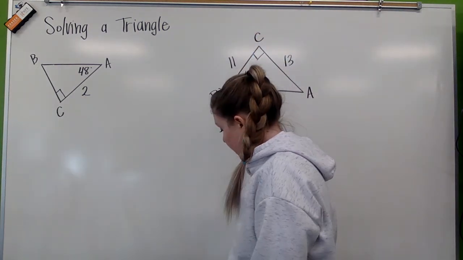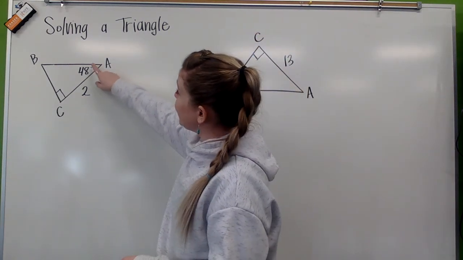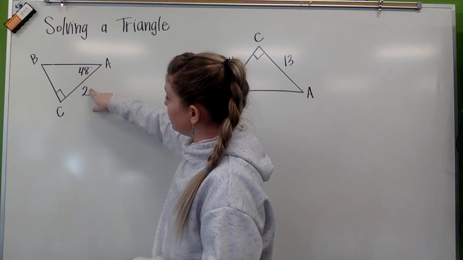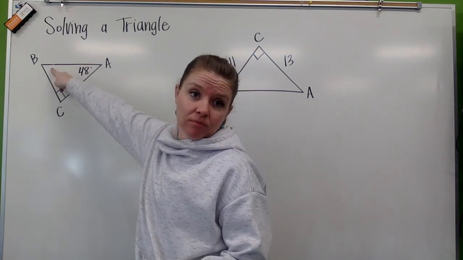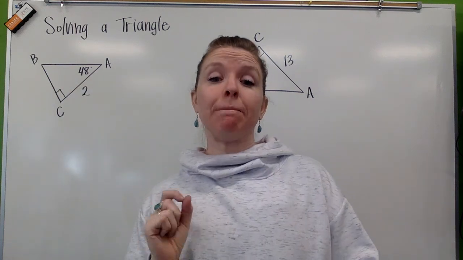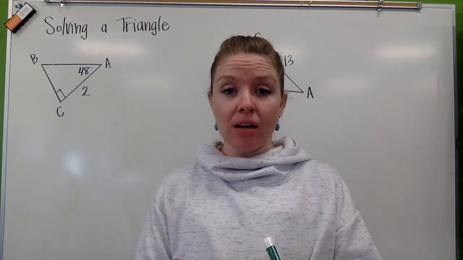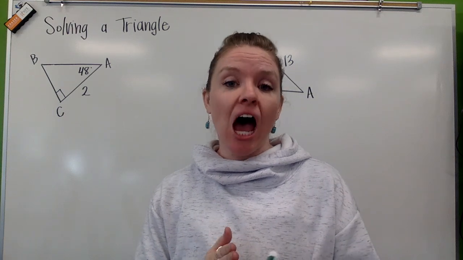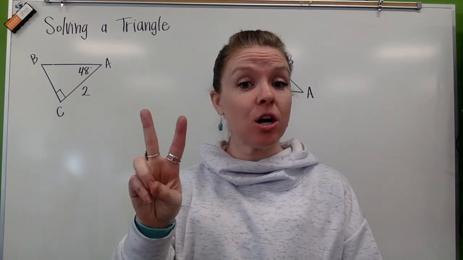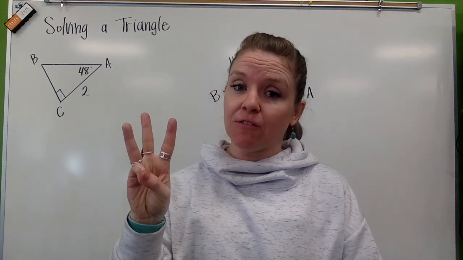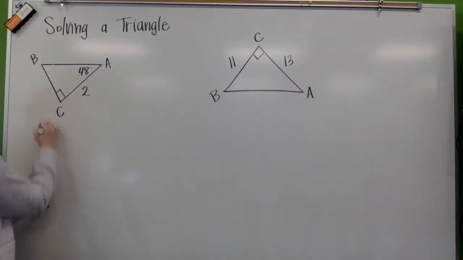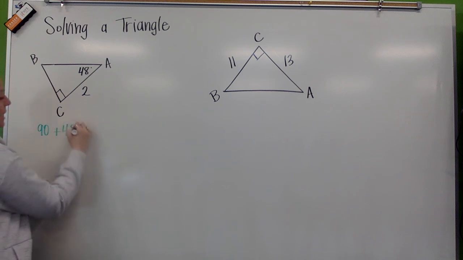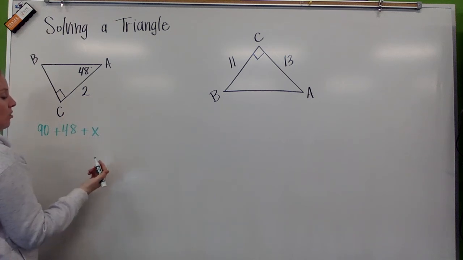So for this first one, I know an angle and a side. That means I need to find two more sides and my last angle. But the cool thing is, if you remember, the interior angle sum of a triangle is 180 degrees. Since I know two angles, it's pretty easy to find that third. So we know this one is 90, and then we have our 48 plus our unknown angle.